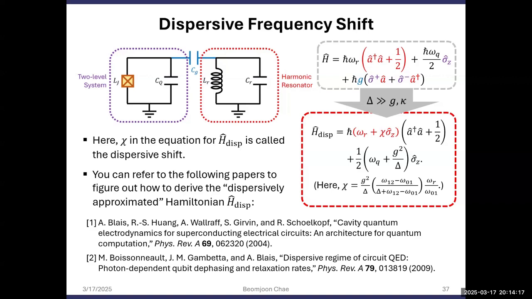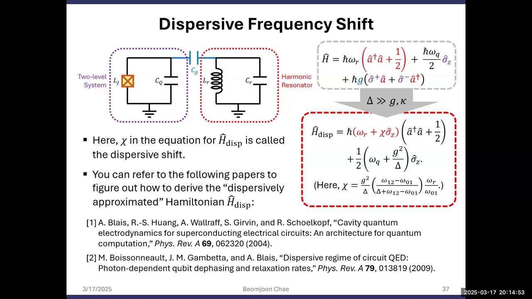The expression in the light gray rectangle is the original Jaynes-Cummings Hamiltonian. And if we add the additional condition that the two resonant frequencies are hugely different, then we can derive the Hamiltonian of the system in this way, the expression in the red rectangle.